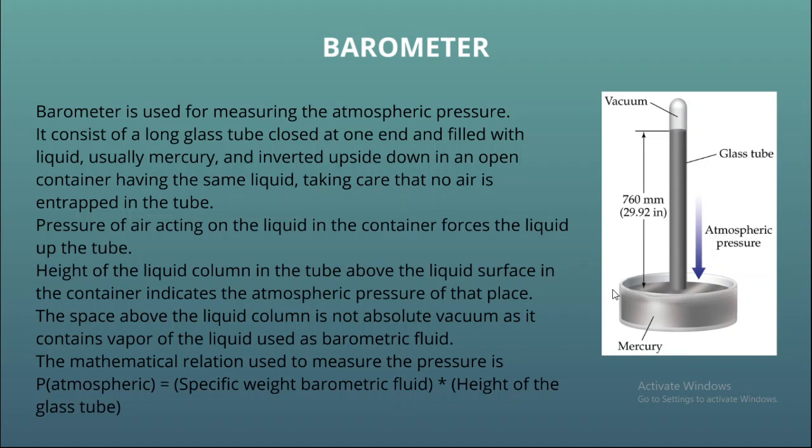Then we have a numerical, in which a news broadcaster reported the barometric pressure is 772 mm of mercury. Calculate the atmospheric pressure, and the specific gravity of mercury is given to you.